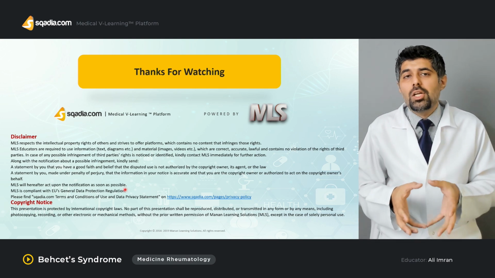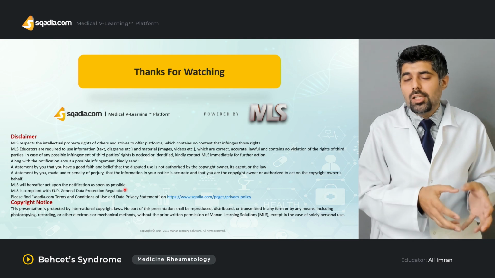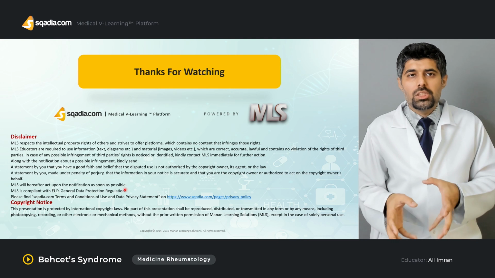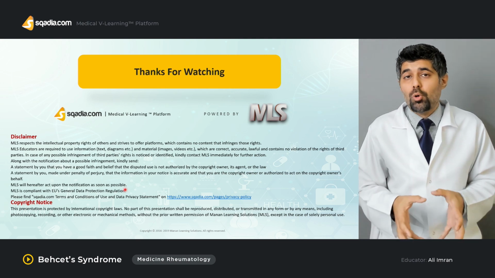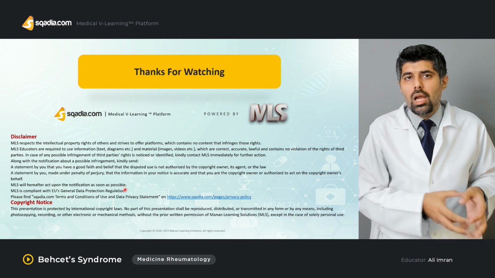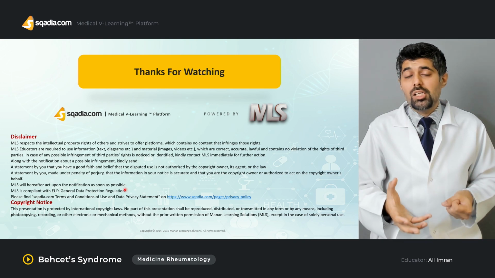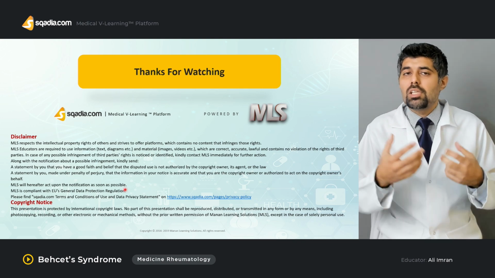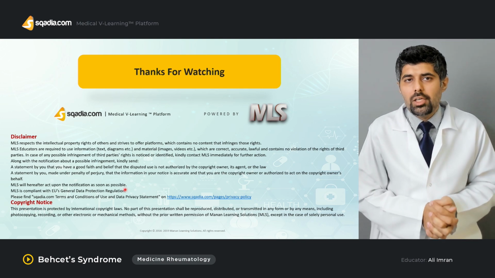And I also mentioned the trials of the anti-tumor necrosis factor antibodies, which are showing huge promise to the patients of Behcet syndrome. And as they are in trials, patients are receiving them. In a few years, they might be available in the market.